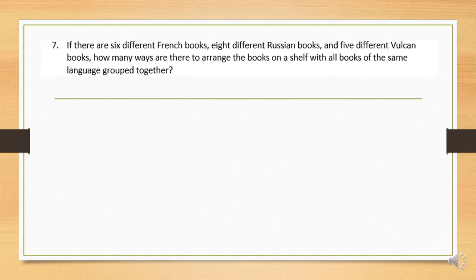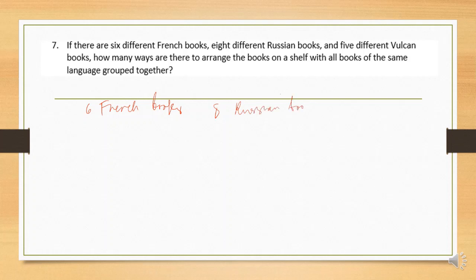For number 7, this is a very similar problem with the ones given in board exams. Okay? Let me show you the scenario. If there are 6 different French books, so we have 6 French books, okay? And then we have 8 Russian books.